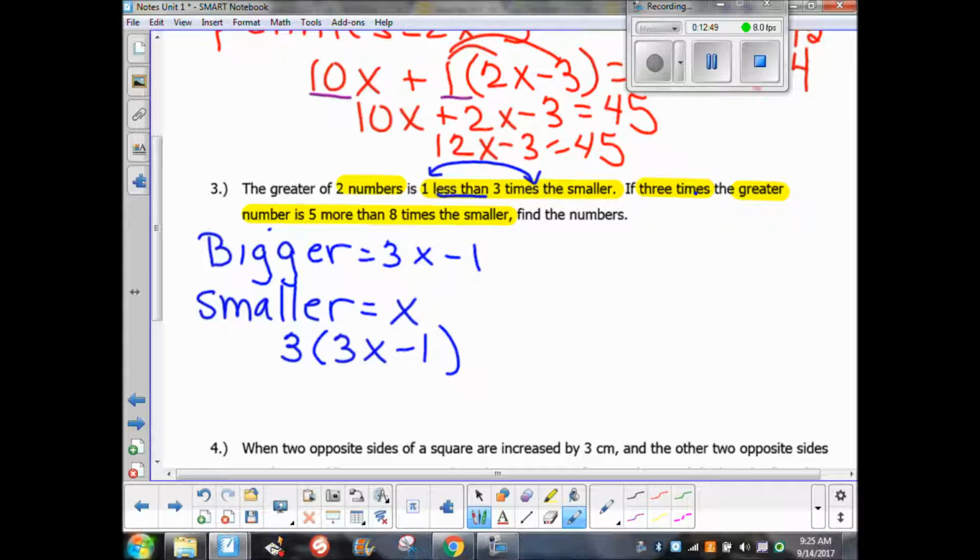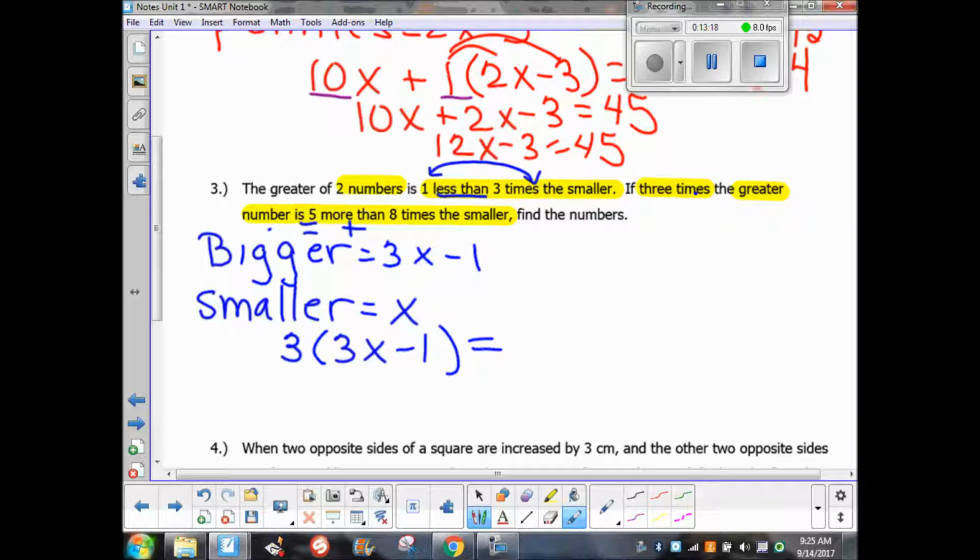So if 3 times the greater number is, that little word is, translates into what mathematically? Equals 5 more than 8 times the smaller. What does more than translate to? Addition. Nice. 5 more than 8 times the smaller.